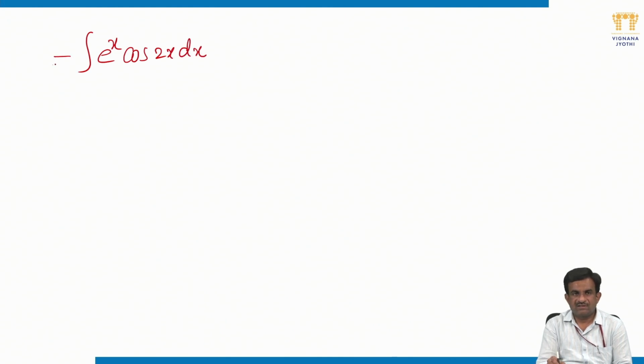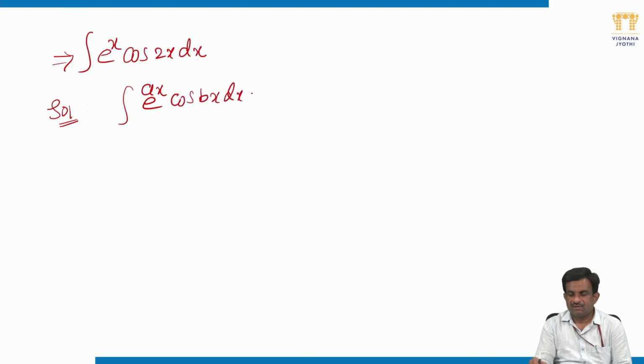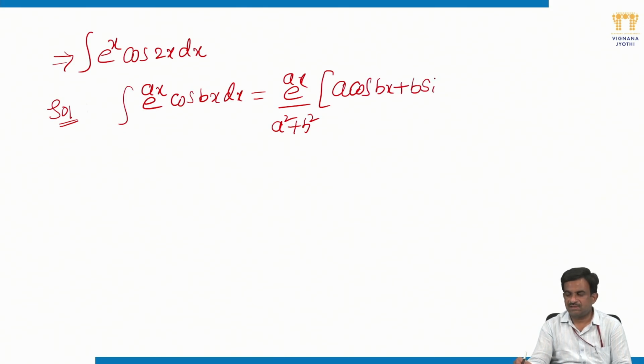To evaluate this integral, we know the basic formula: integration of e power ax into cos bx dx is e power ax by a square plus b square into a cos bx plus b sin bx.